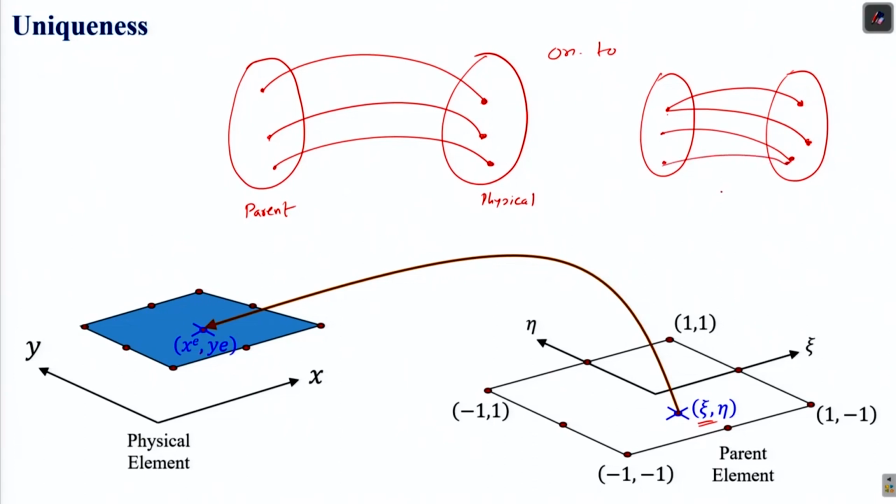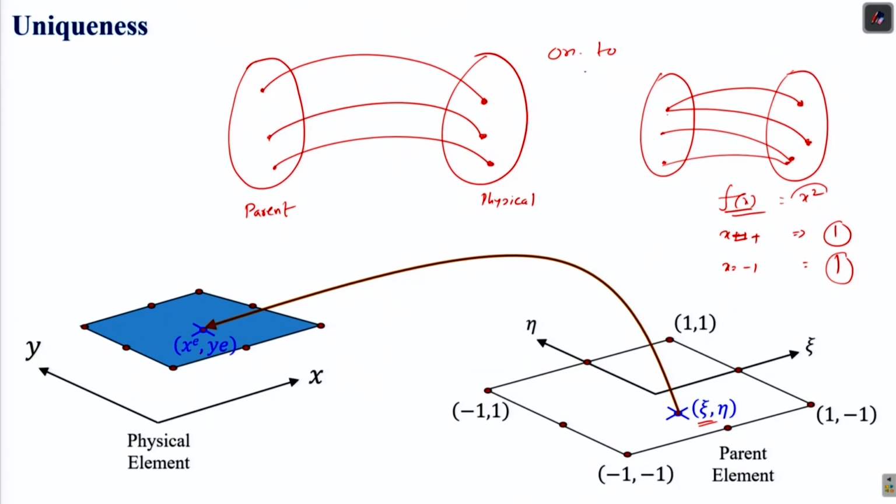For instance, just to give you an example, if f(x) is equal to x square, then x equal to plus 1 gives you 1, and x equal to minus 1 also gives you 1. So plus 1 and minus 1 are two different points, but when mapped through this transformation, x square, the image is the same. That should not happen, right?